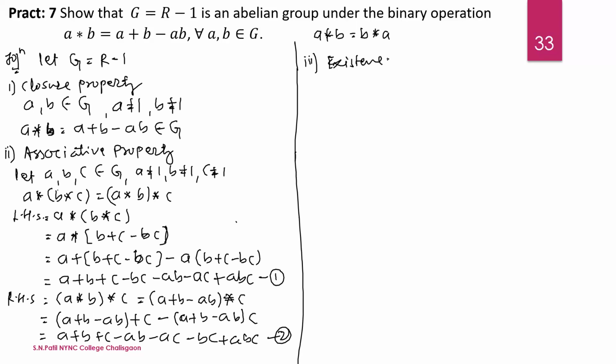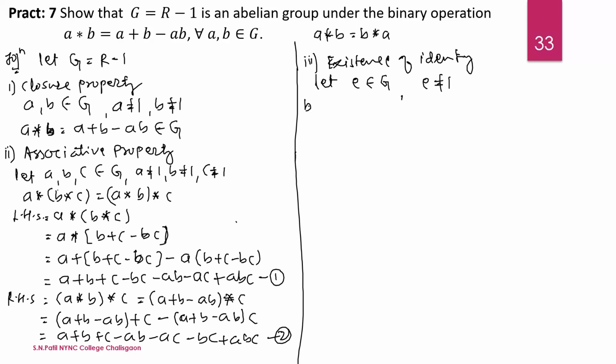Now the next is the existence of identity. Let the identity element e belong to G, and e is not equal to 1.